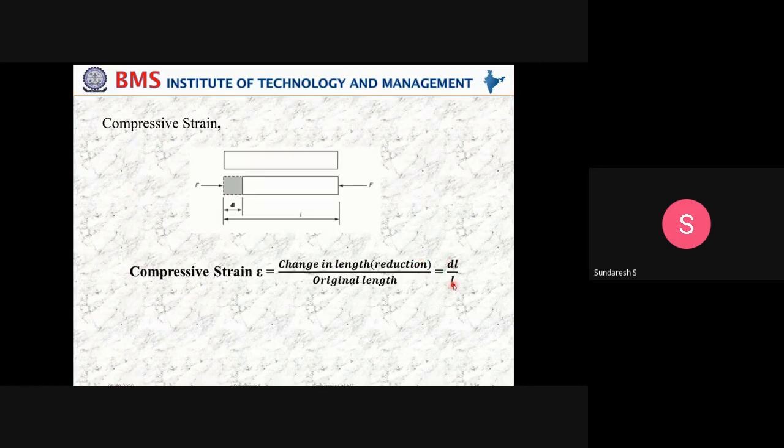So again, dl by L. Mathematically, we express a compressive strain as a decrease in length to the original length. Decrease in length, reduction, or shortening, all are the same. So these are the two types of axial normal strains, or axial strains, or linear strains, we can call it.